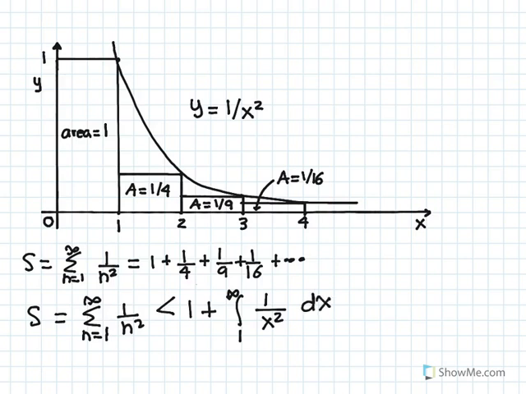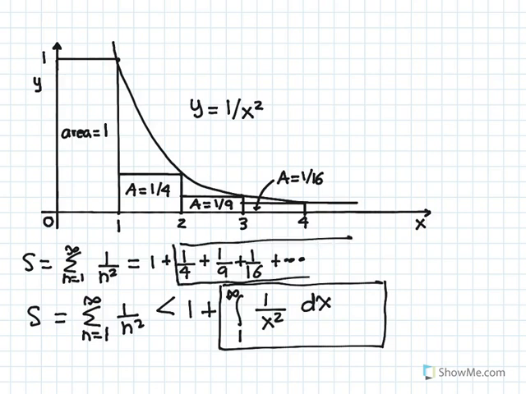Now, it's very important that you see that the area under the curve, the improper integral from 1 to infinity 1 over x squared dx, is larger than the sum of these terms, 1 quarter plus 1 ninth, and so on, plus 1 16th plus 1 over 25, and so on. And this is equal to, we solved this improper integral on the last page, 1 plus 1 is equal to 2. So that's the motivation.